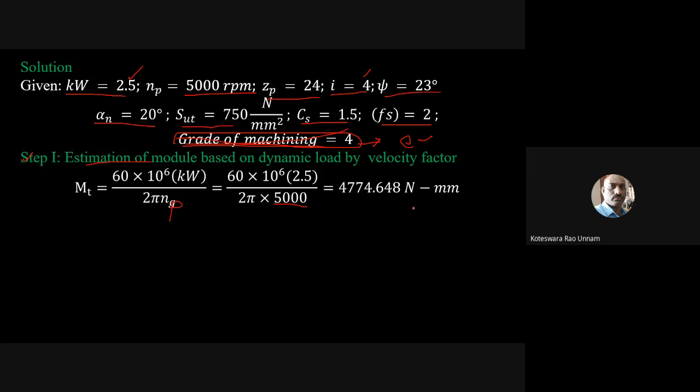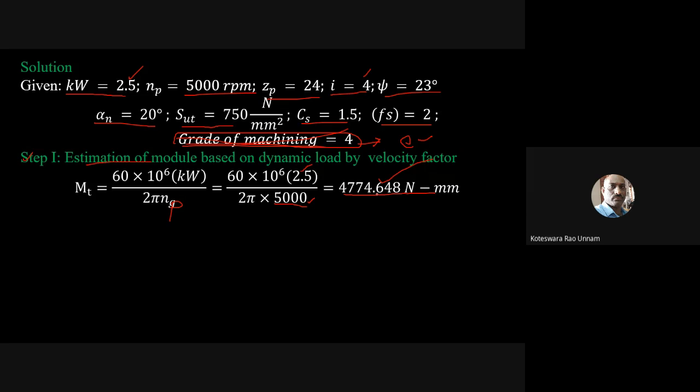If you substitute the power, which is 2.5 kilowatts, in kilowatts, and the speed of the pinion, which he has given as 5000, you will get Mt equal to 4774.648 Newton mm.